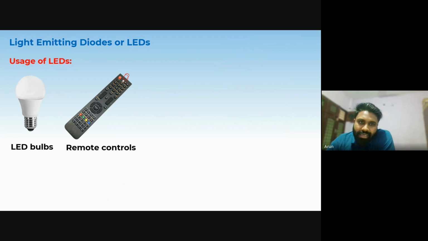Because this LED is not the normal LED, it is the infrared LED that we are using, IR radiation, which is not visible to us. So it is sending a signal to the TV or cable for which you are using this. In that there is an infrared receiver. So it receives the signal and changes the channel or changes the volume or whatever control that you are using.